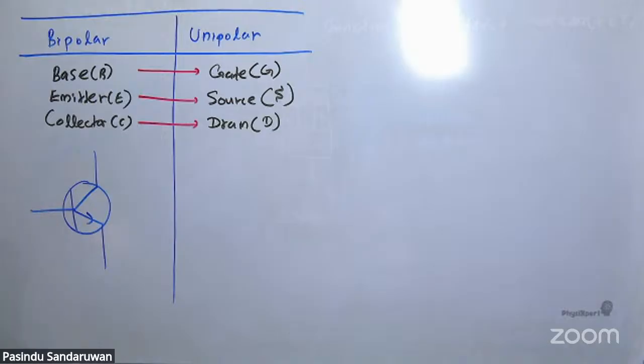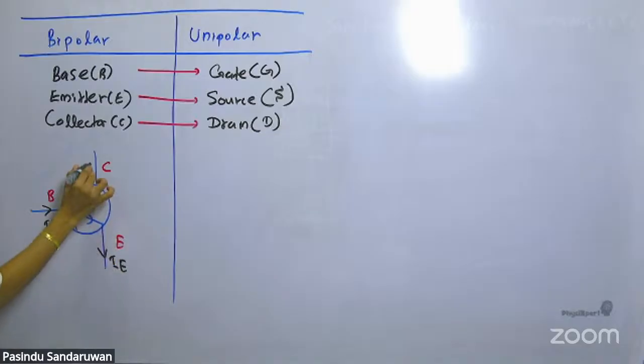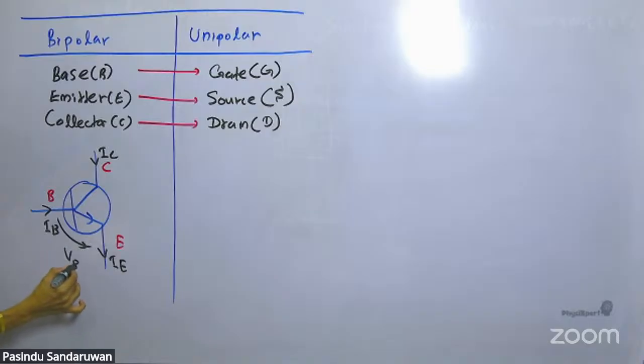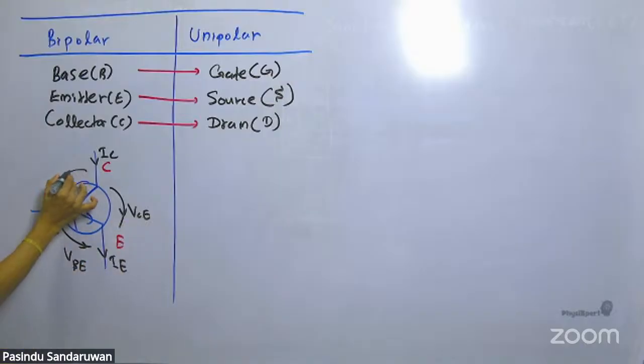Identify terminals: base, collector, and emitter. Mark currents: IB, IE, and IC. Then potential differences: VBE, VCE, VCB.